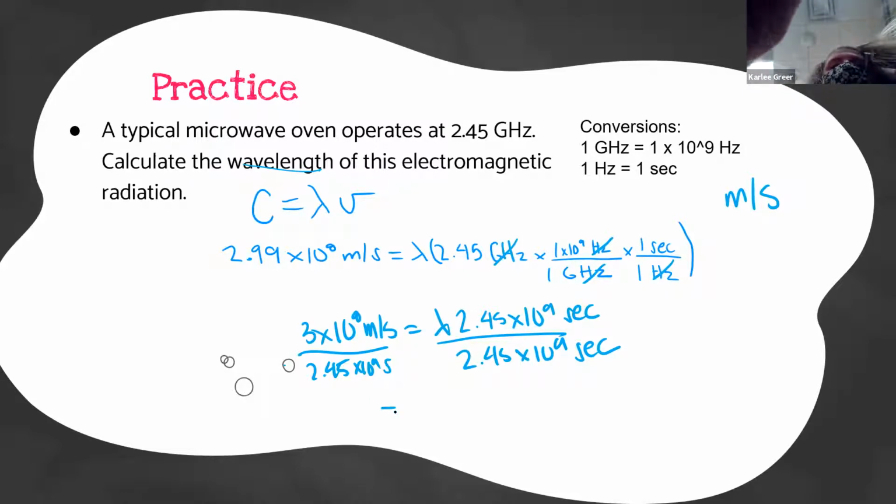That's going to give us, so these units will cancel out. We'll get 0.122 times 10 meters, but that's not quite what we want.